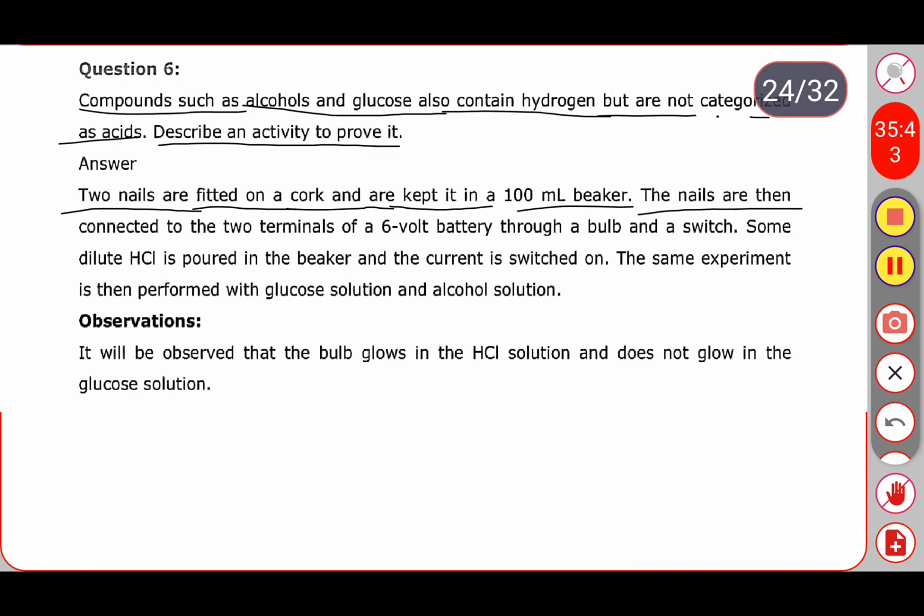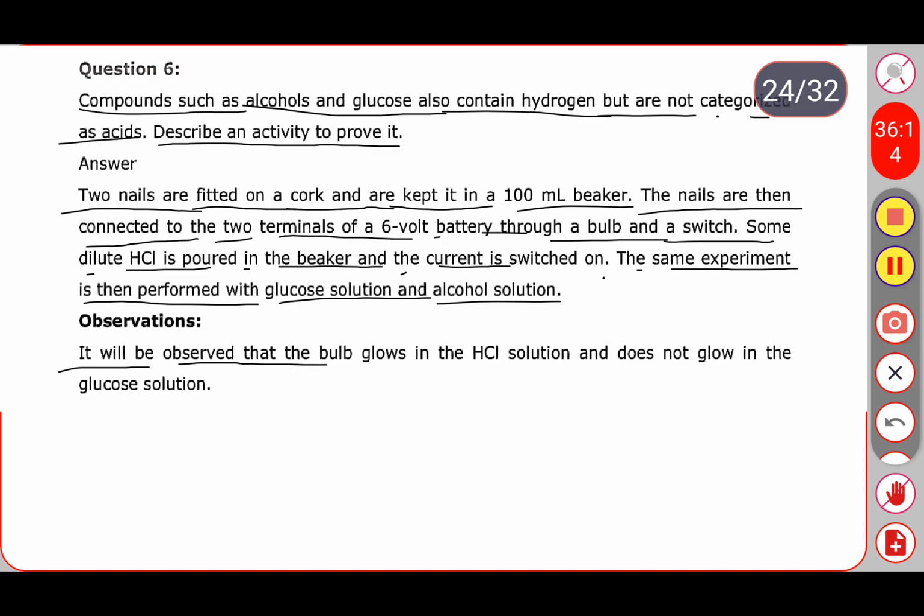Some diluted HCl is poured in the beaker and the current is switched on. The same experiment is performed with the glucose solution and alcohol solution. So what we need to observe here: it will be observed that the bulb glows in HCl solution and does not glow in glucose solution.